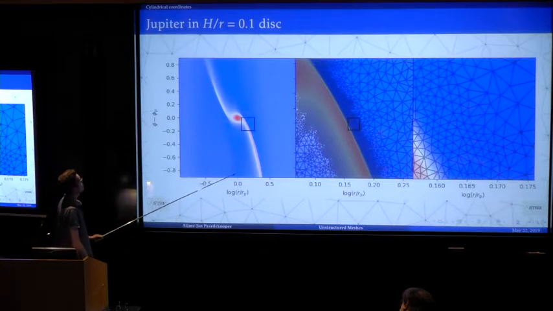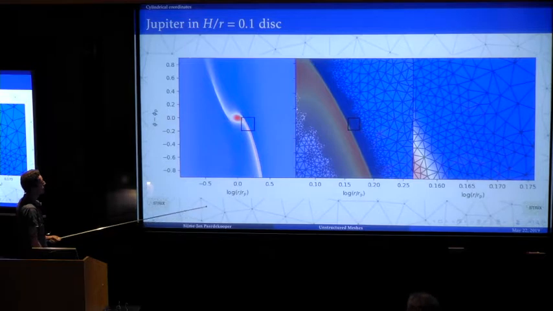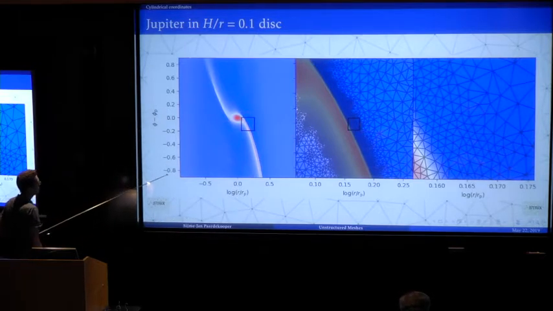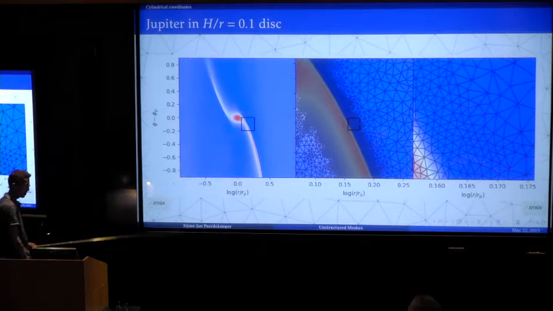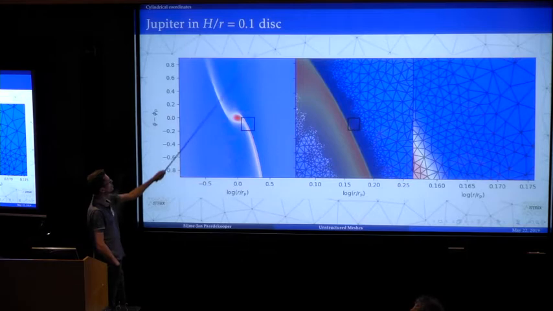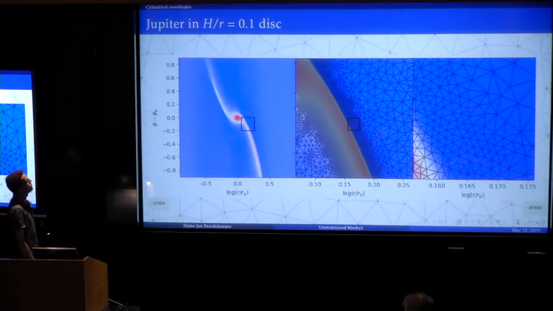This is Jupiter in a rather thick disk, just for visualization purposes. This is already a zoom in, but it's the full 2 pi. For those of you who know, this is the setup of the famous de Val Borro test problem, but with h over r twice the value of that test problem.